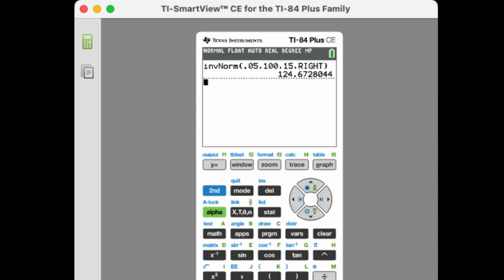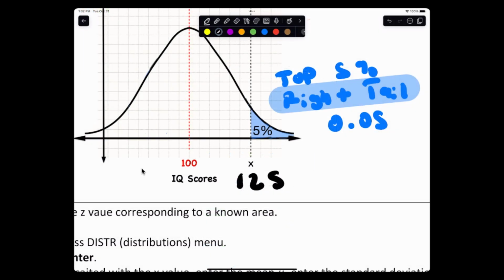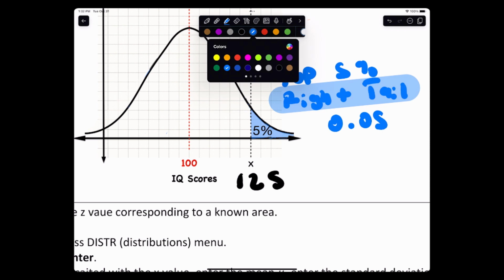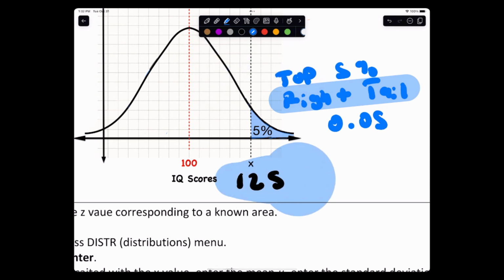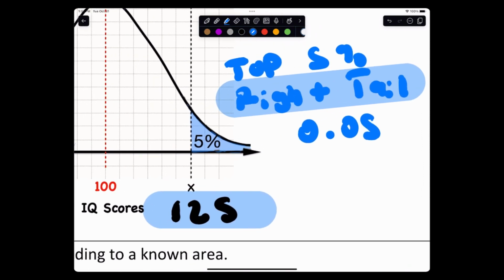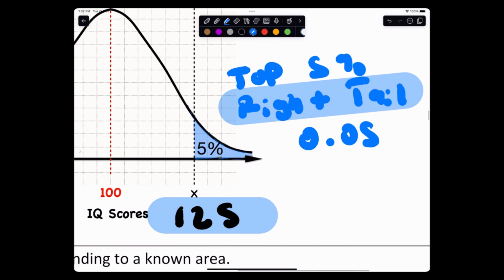Hit enter, and what's this as a whole number? 124.6, that makes it 125, ladies and gentlemen. You guys okay with that one? There it is. Here's your answer. So to be in the top 5%, you need to have an IQ that's at least 125.